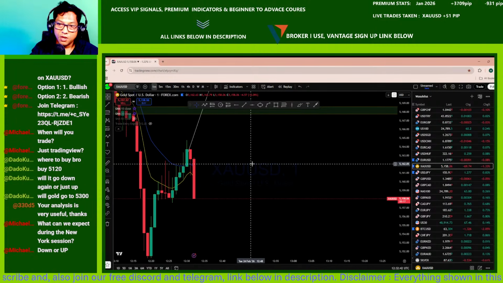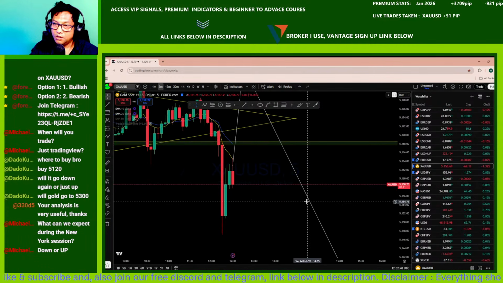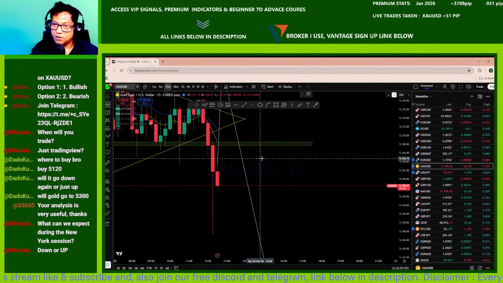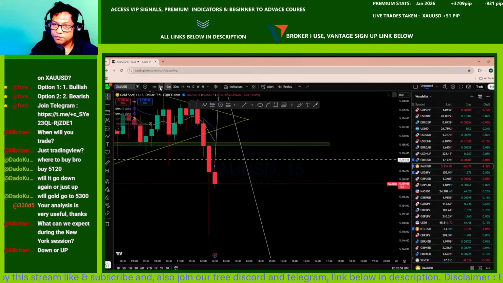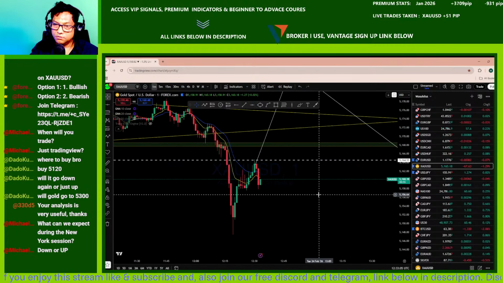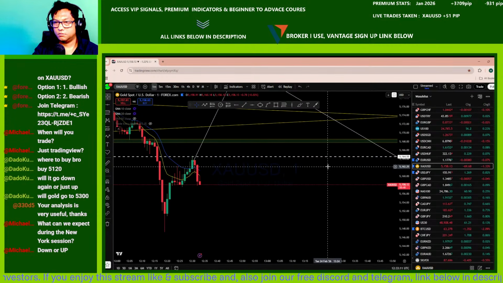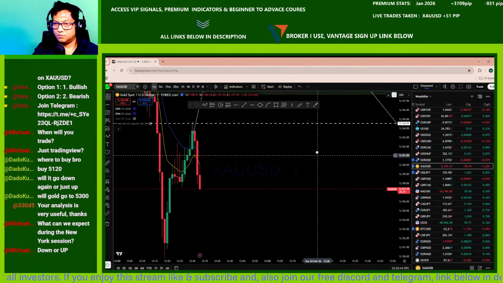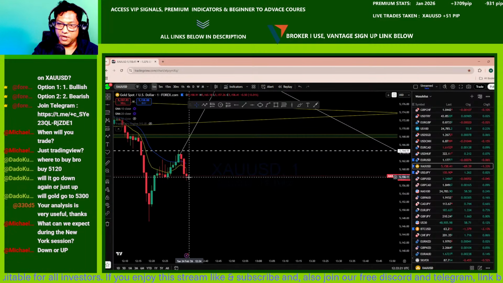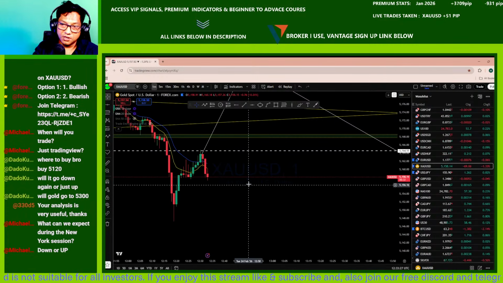Here is the break below, and with this movement that you can see from here, with a liquidity sweep here, we may see the market eventually come further downside here.